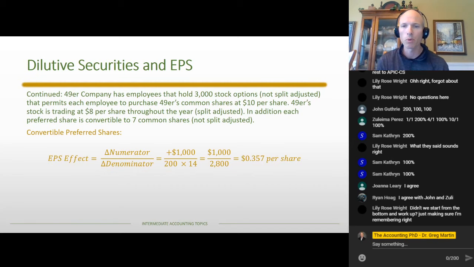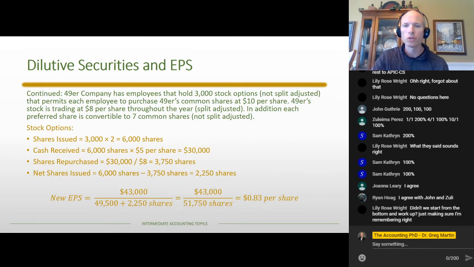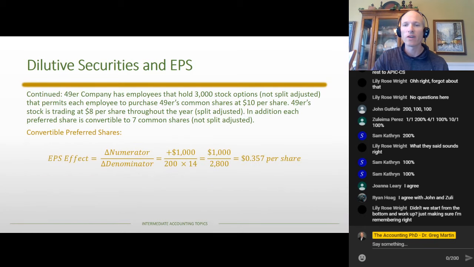And if you remember, what you have to do is compare that EPS effect to the new diluted earnings per share. The new diluted earnings per share is 83 cents per share, and the EPS effect is 35.7 cents per share, which means that this conversion is dilutive, which means it needs to be included in our diluted earnings per share calculation.